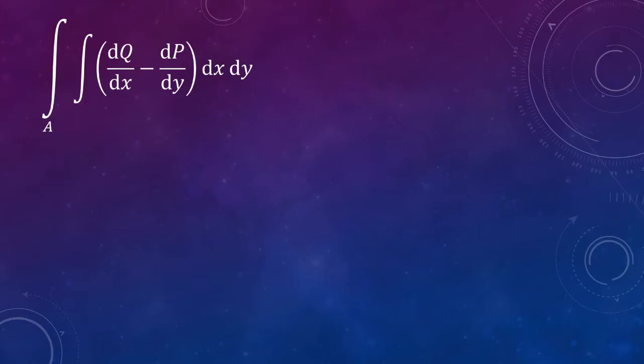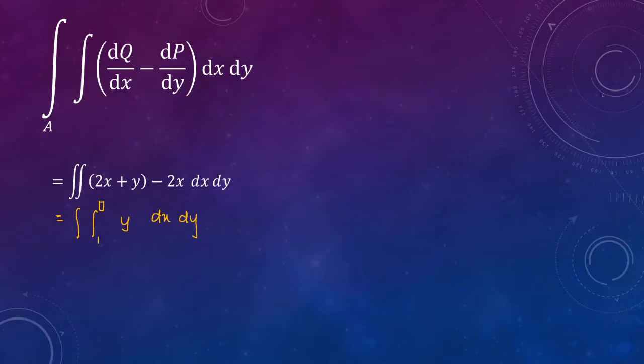After we get the value of dQ over dx and dP over dy, we need to substitute the values, and here we got it. So actually we can simplify here to y dx dy. The next step is we need to find our limits, for x the inner, and the outer is our limit for y.